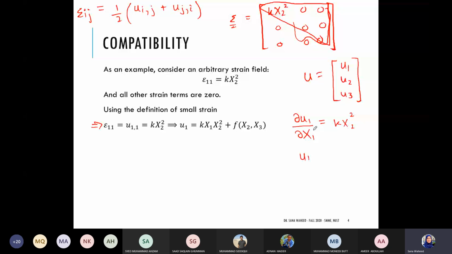What does the integration become? There is no term of x here, so x1 only comes in the linear term. So this would become k x1 x2 whole squared, right?